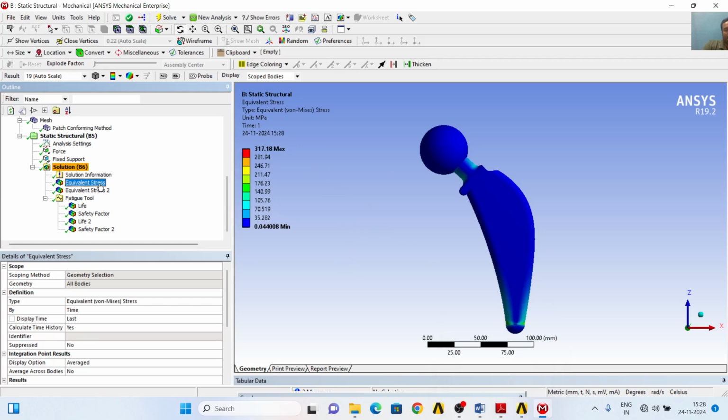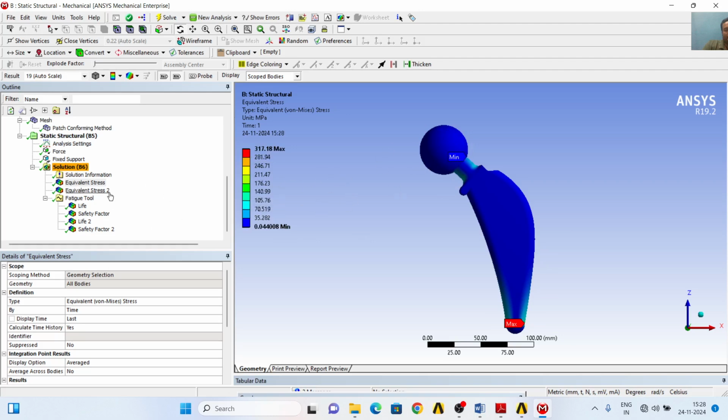And where is it taking place? Maximum equivalent stresses here, and minimum is in the head. So the maximum equivalent stress is taking place at the bottom of the geometry and the minimum is taking place at the head geometry.